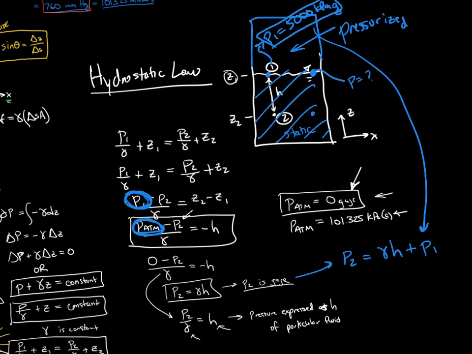And then you say, well, I want to know what it is at P2. So this is P1, and P2 equals the pressure at 1 plus whatever the change in pressure is as I went from P1 to P2, which is going to be gamma H, and that's what we're going to be working with next class. So if that doesn't make a lot of sense to you, it's okay. That's going to be the whole class next class.